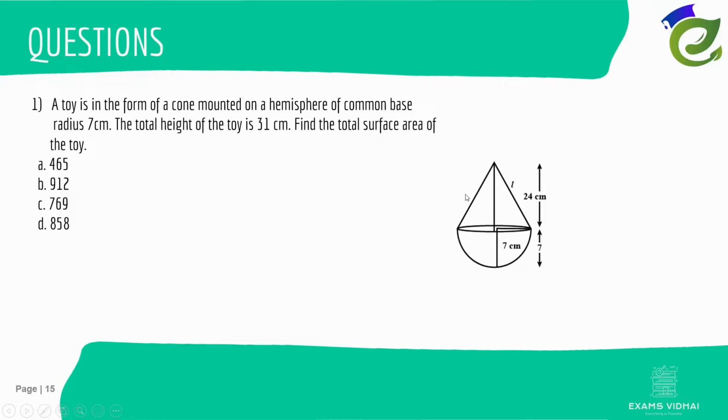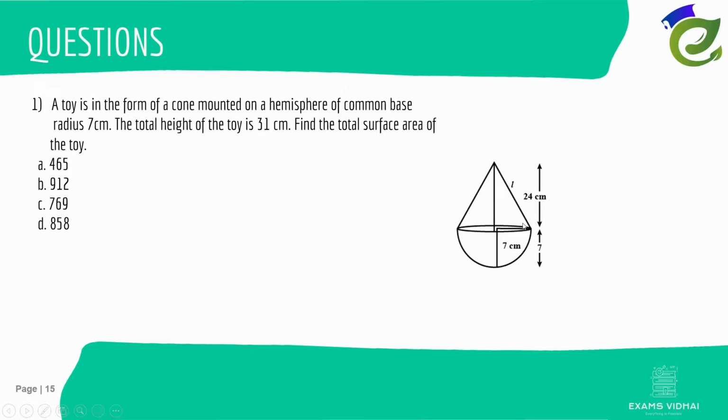If we draw a diagram, it will be as shown in the figure. The total height of the figure is 31 centimeter, in which the radius is 7 centimeter. So the height of the cone becomes 31 minus 7, which is 24 centimeter, and the radius is common for both the cone and the hemisphere.